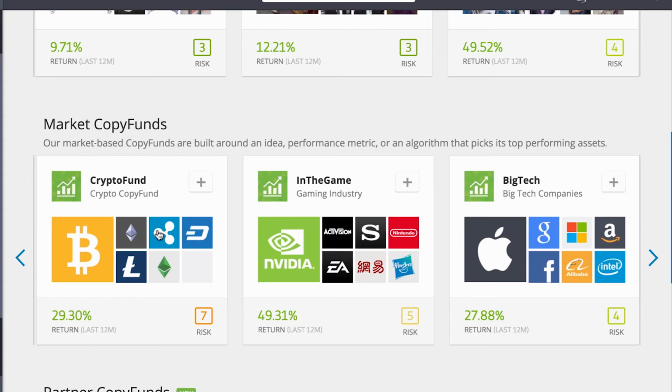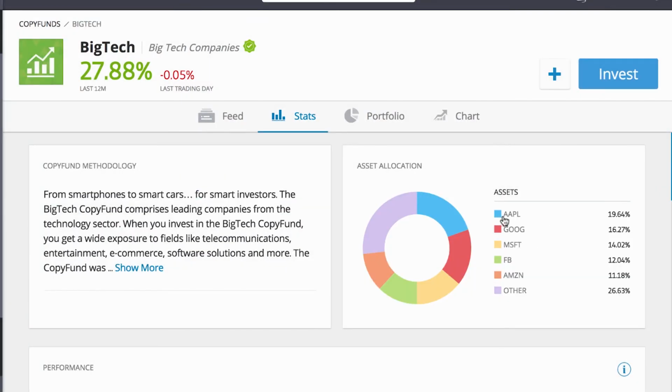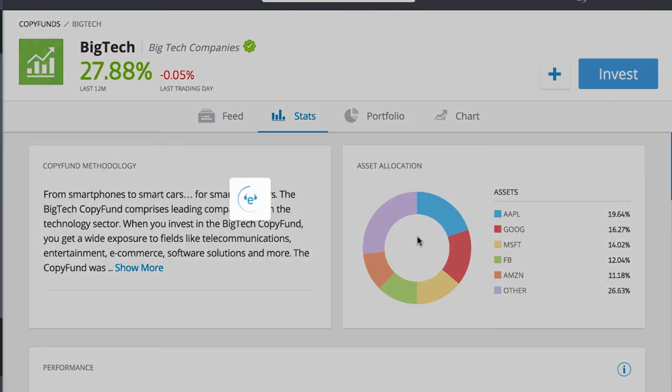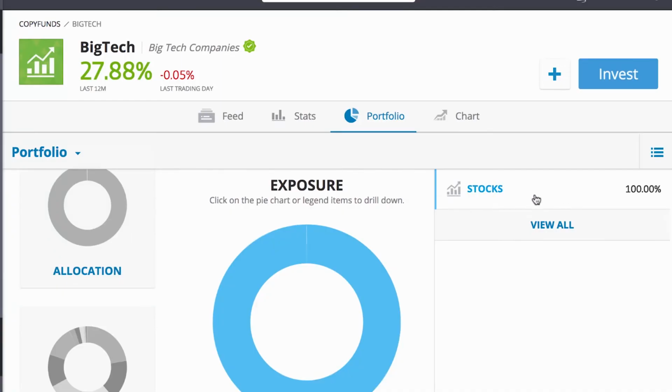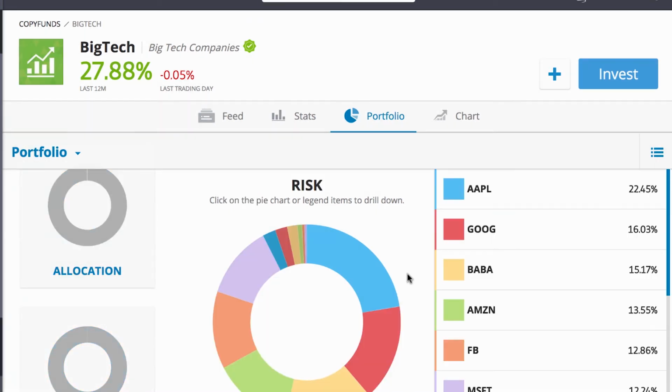These ones deal with markets. So we've got crypto fund, gaming industry, big tech. Again, if I go to this, Apple 19%, Google 16%, Microsoft 14%, Facebook 12%, Amazon 11%. So we've got some of the biggest companies there, some of the big tech companies, and other is 26.63%. So it's 100% stocks. There we are.